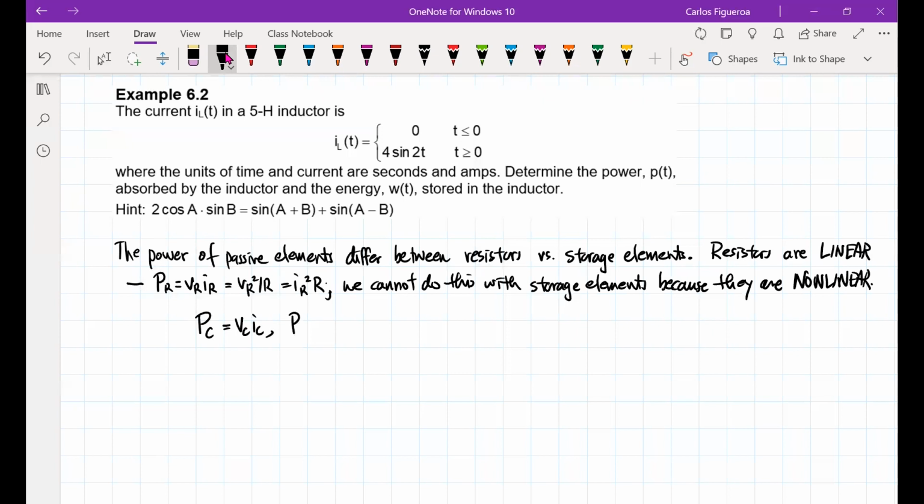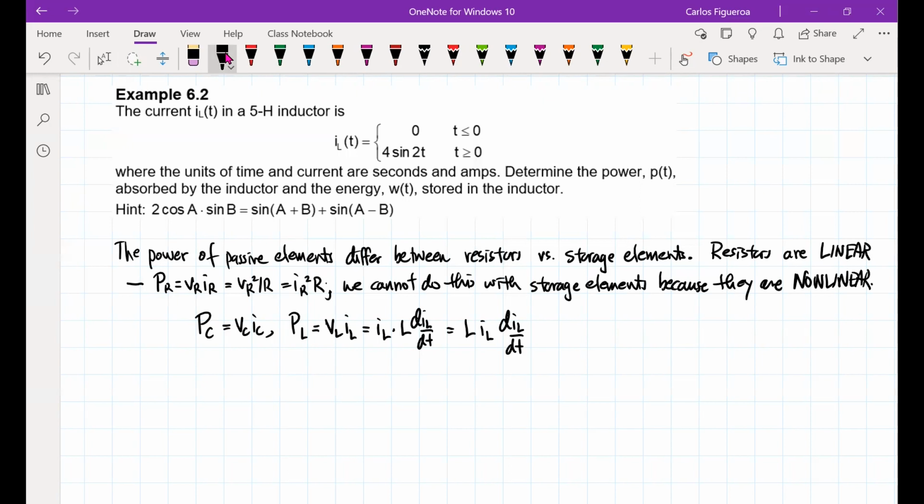And if I have the power of an inductor, I also have to have the voltage times the current. But in this situation, we can rewrite the voltage as L di/dt, the inductance times the derivative of the current. And because this is nonlinear, we can't do what we did with the resistors.